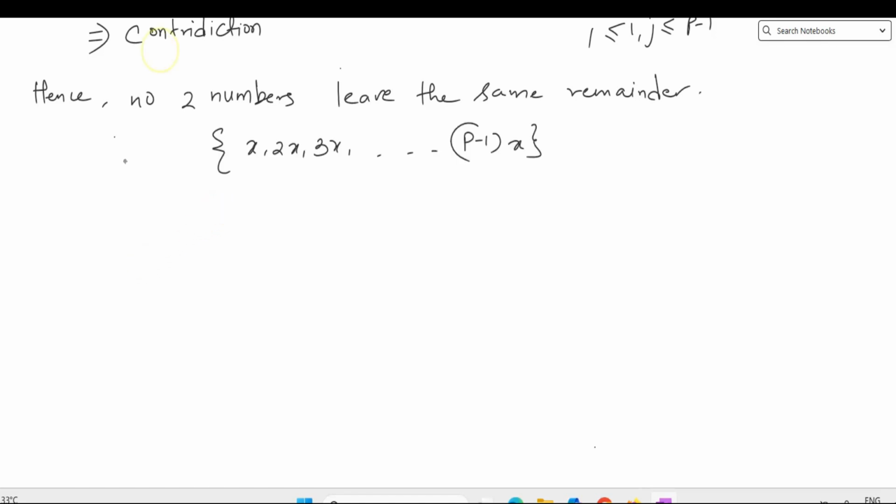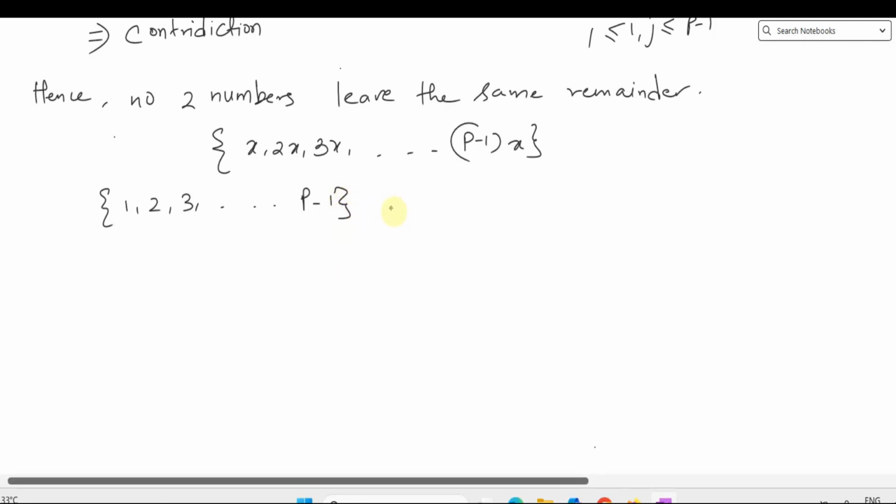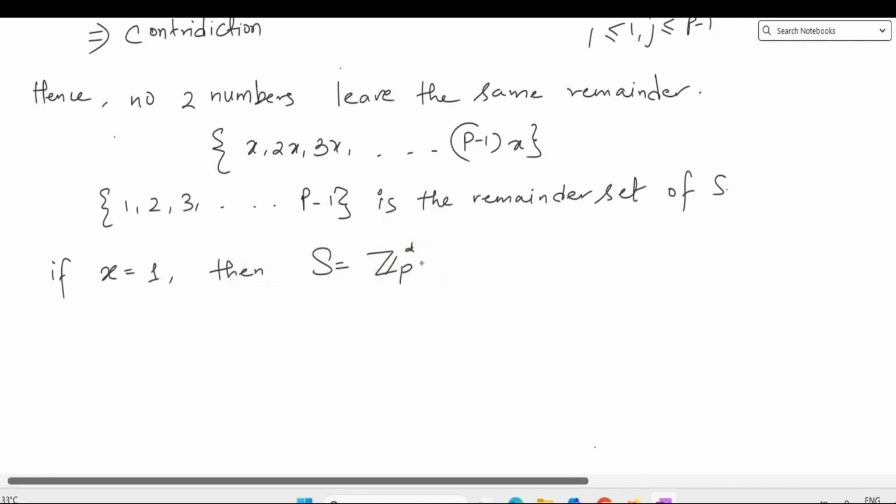So the remainders 1, 2, 3 up to p minus 1 form the remainder set of S. Now if x is 1, then S will be the same as Zp star, and 1 is the inverse of itself.